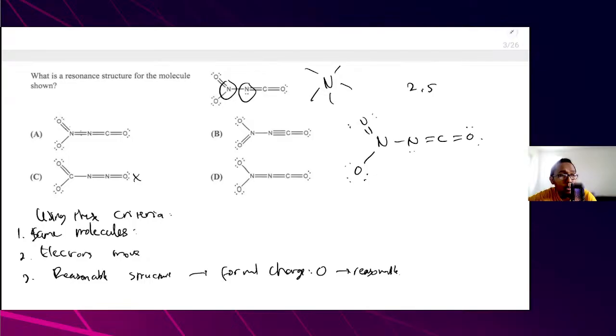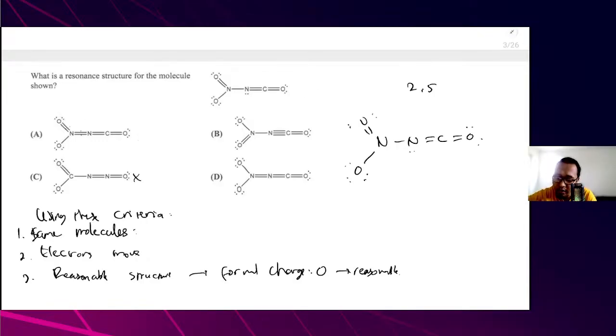Can it expand its octet and make five bonds? It cannot make 5 bonds. It can only make 4 or 3 bonds because we have to have a lone pair.